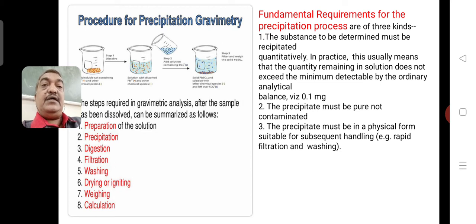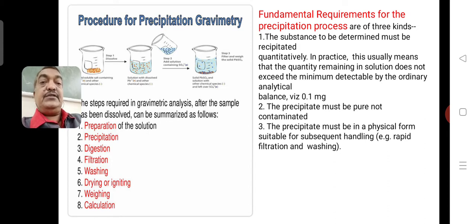Well, the first step is preparation of solution. In our example, if you take a known amount of barium chloride and dissolve it in a known volume of water, for example 250 ml, then corresponding to 250 ml, if you want to prepare it in terms of molar or normal solution, you have to calculate, using its equivalent weight or molecular weight, how much mass of the substance is to be used.